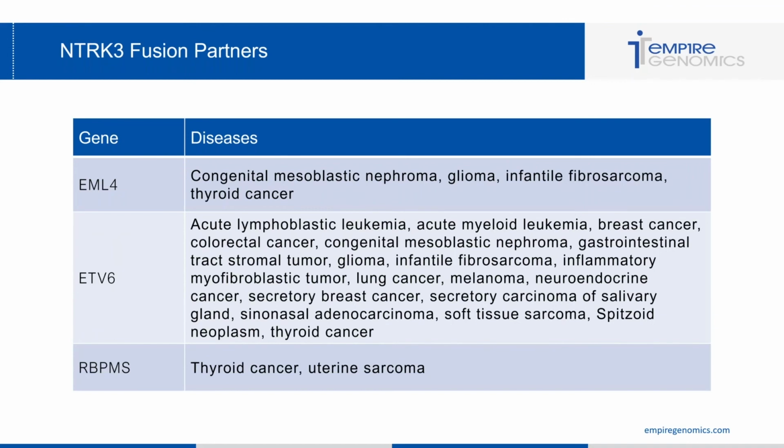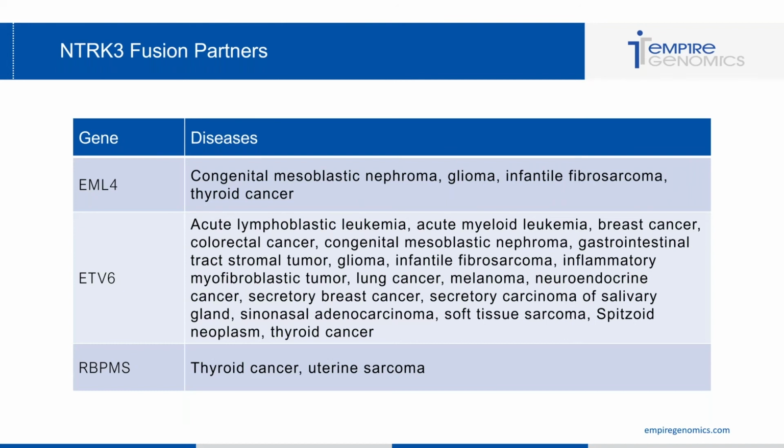Looking at some NTRK3 fusion partners, first one being EML4, that is associated with congenital mesoblastic nephroma, glioma, infantile fibrosarcoma, and thyroid cancer. Looking at NTRK3 with the ETV6, and this is a more common fusion that a lot of clinical labs are aware of.